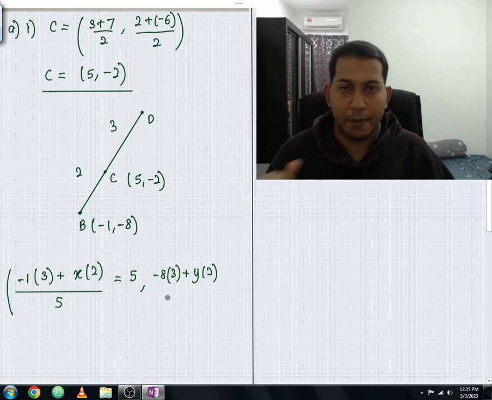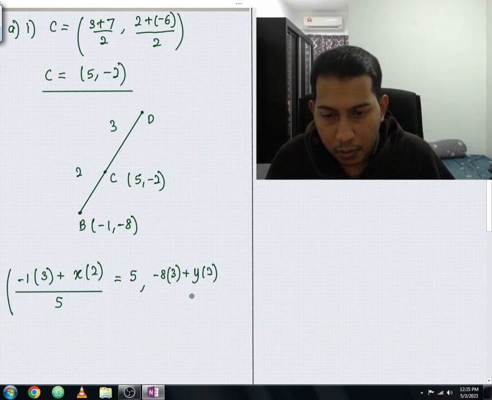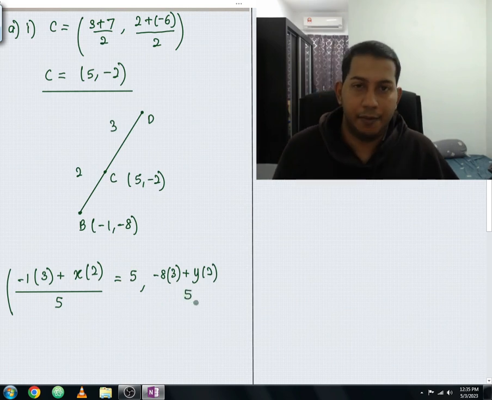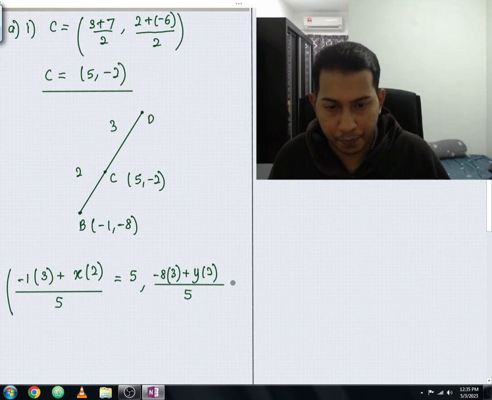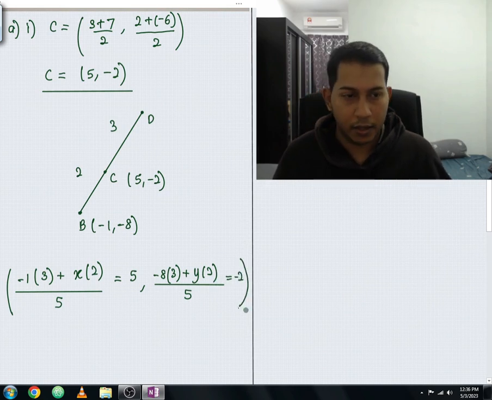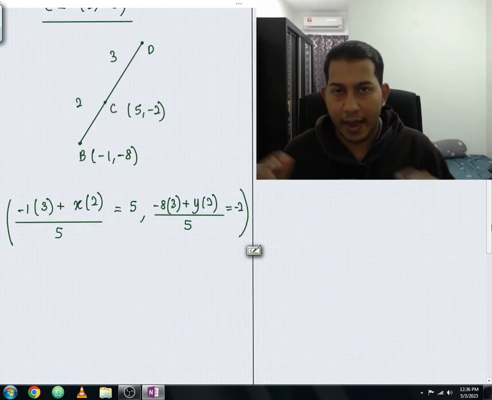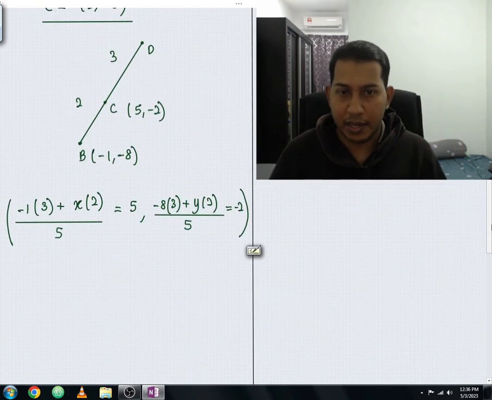Okay, and then you divide with the summation of ratio, 2 plus 3 or 3 plus 2, or whichever way it is, you should get 5. Okay, so you calculate this, you should be getting equals to -2. Close bracket.